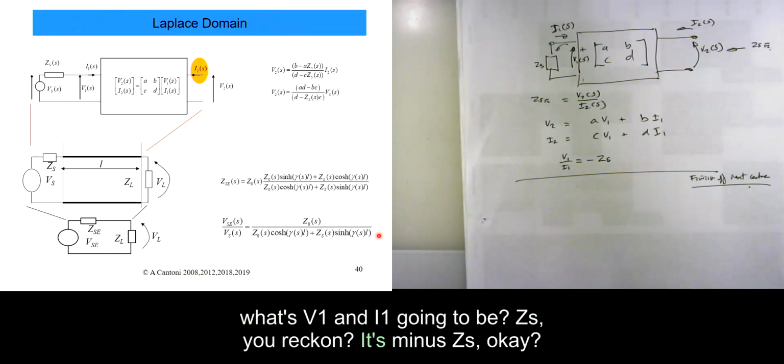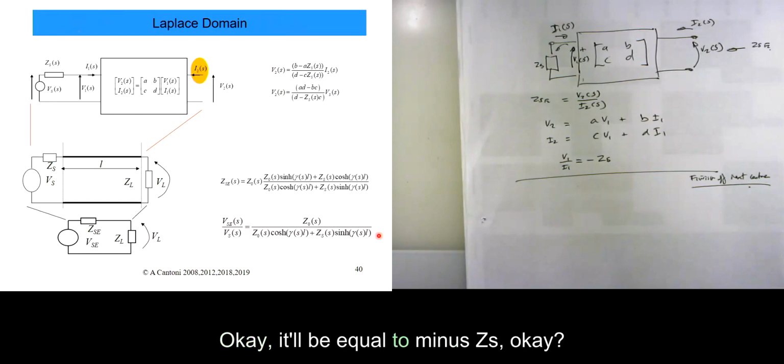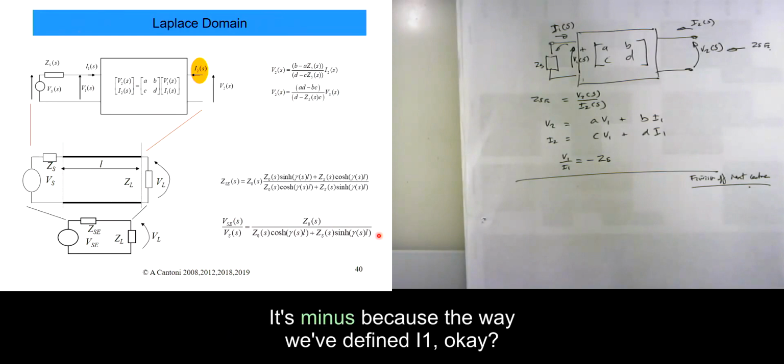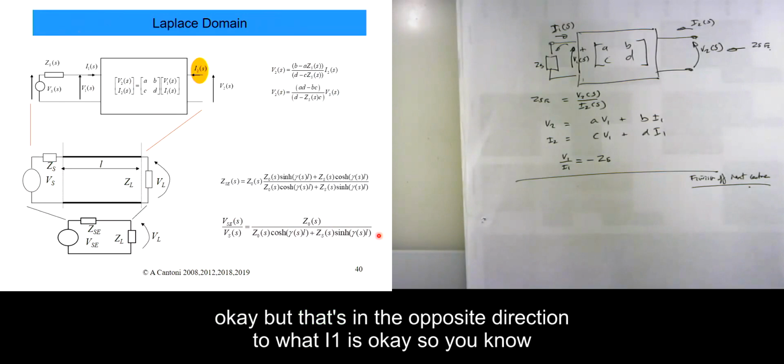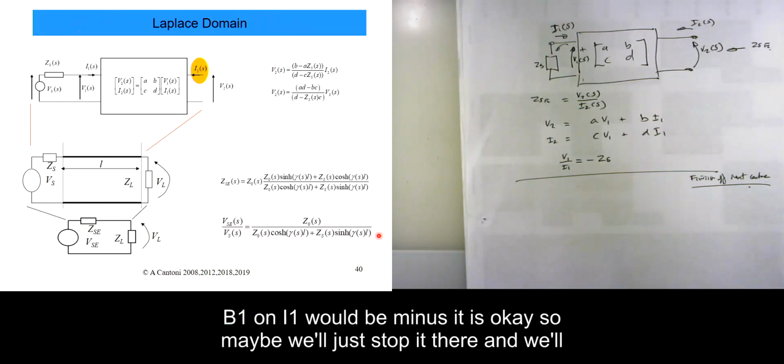Zs, you reckon? It's minus Zs, because of the way we've defined I1. If V1 is a positive voltage, then current is going to flow in this direction, but that's in the opposite direction to I1. So V1 on I1 will be minus Zs.